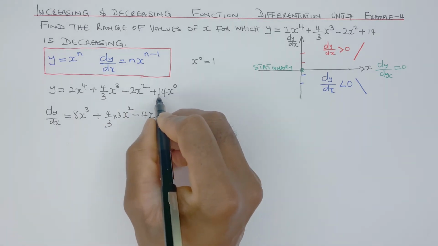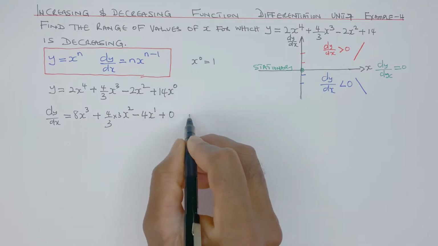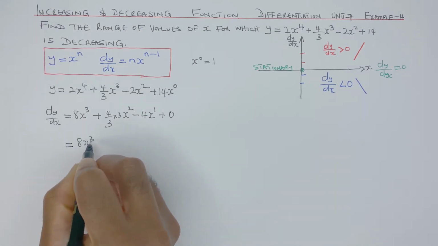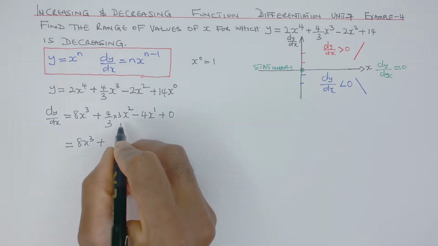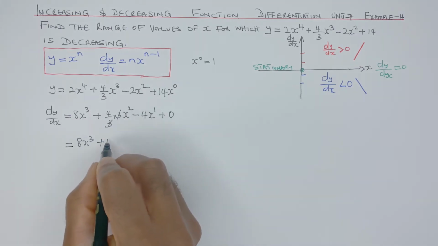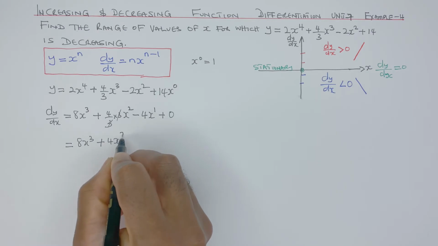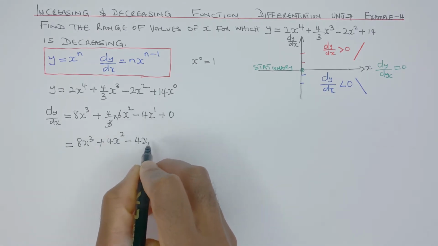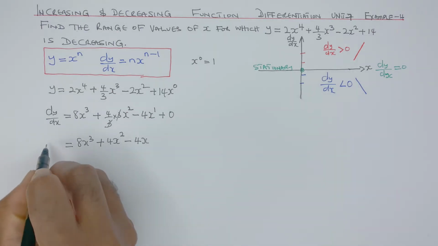Plus 0 times 14 is 0, so that's gone. Then we get 8x cubed plus, 3 cancels 3, 4x squared minus 4x. So that's dy/dx.